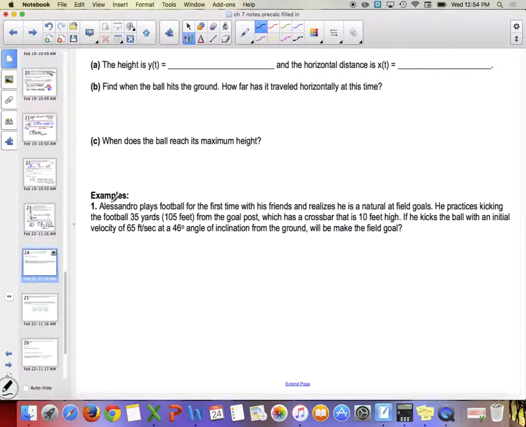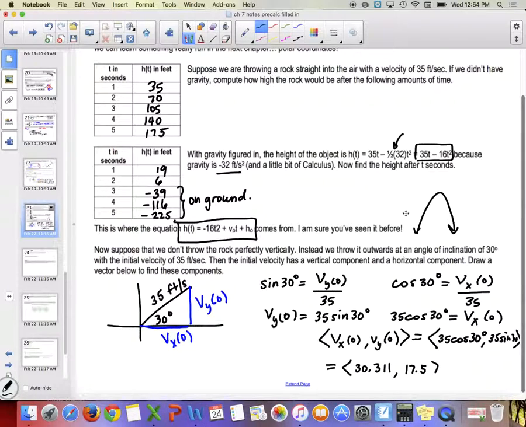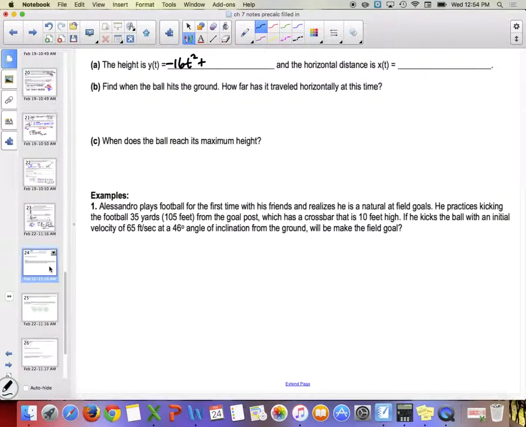So it's going to be whatever that v sub 0 in the y direction was. So it was 17.5, and then plus 0.